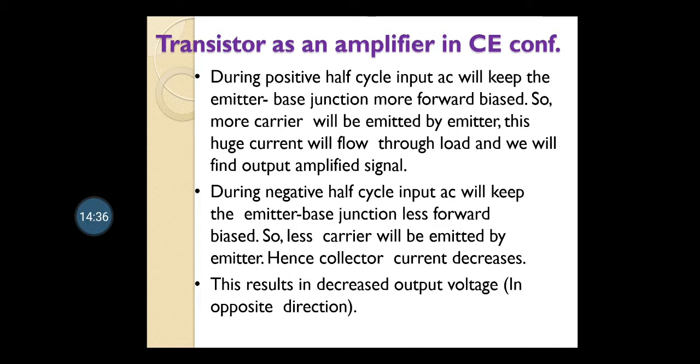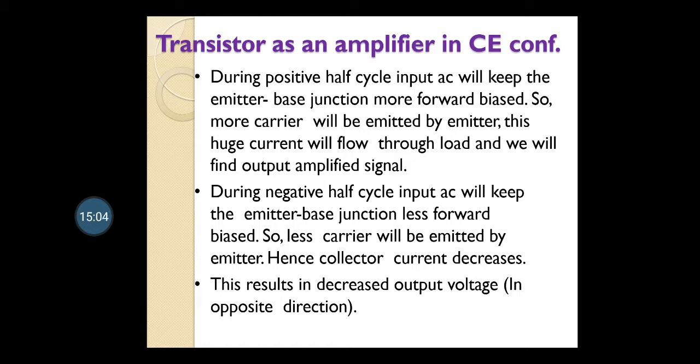Now what happens during the positive half cycle of input AC: it will keep the emitter base junction forward bias. The more forward bias there is, the more carriers will be emitted by the emitter, and this huge current will flow through the load and we get the output signal amplified. So as the input keeps going more positive, as base current increases, the collector current also keeps increasing at the output.